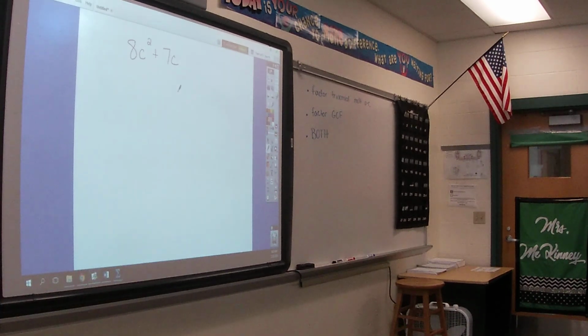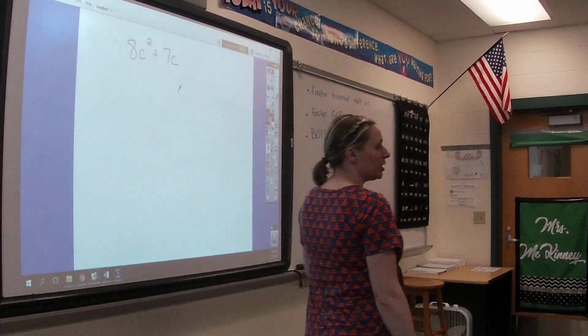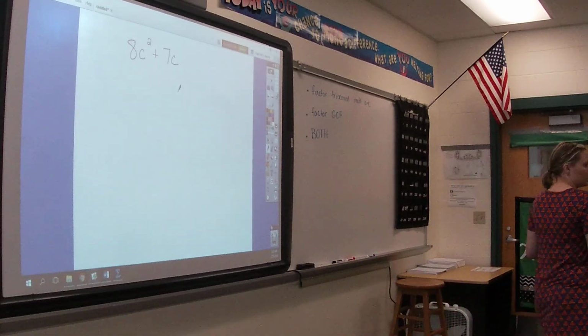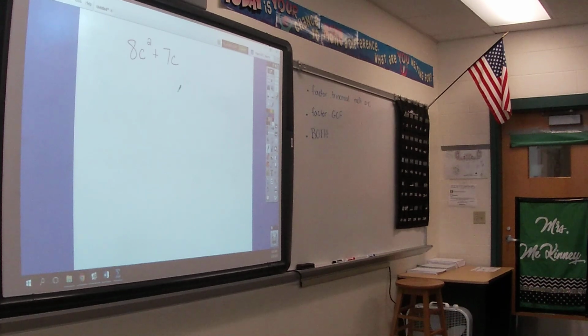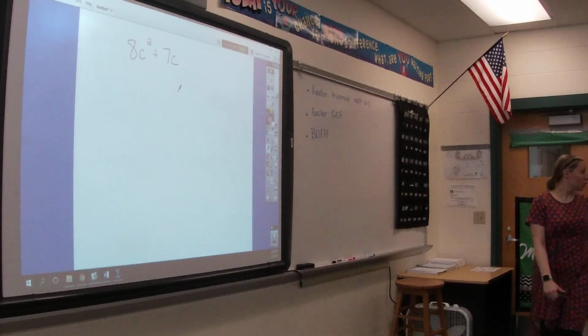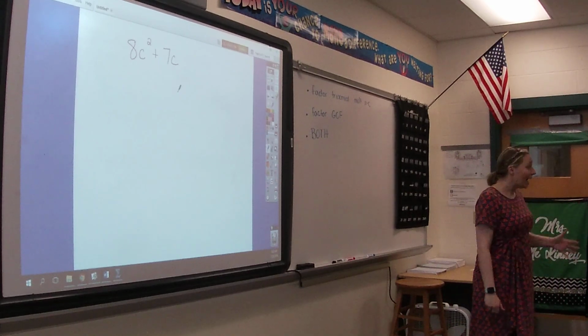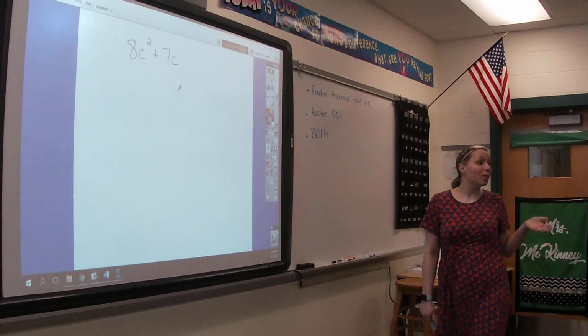So let's say we're given this problem and we are asked to factor it. Step 1 says, look for a GCF. Does this problem have a GCF? It's 1C. So does it have a GCF? Yes. So we should factor out the GCF.